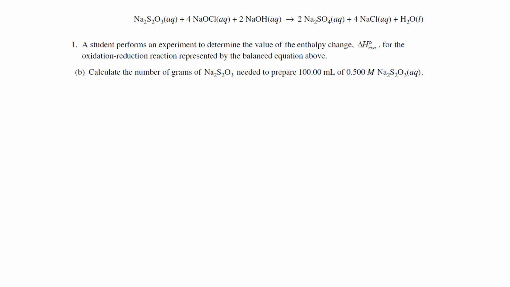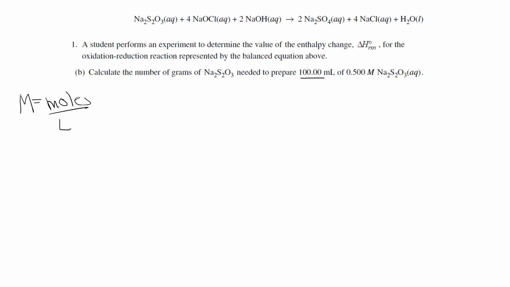In part B of question 1, we are being asked to calculate the number of grams of the substance to make 100 milliliters of a 0.5 molar solution. So we are going to be using this formula. We know that molarity is equal to moles over liters of solution.